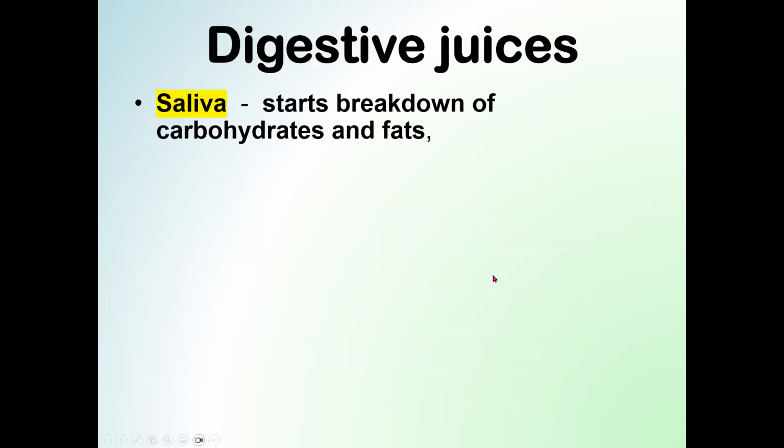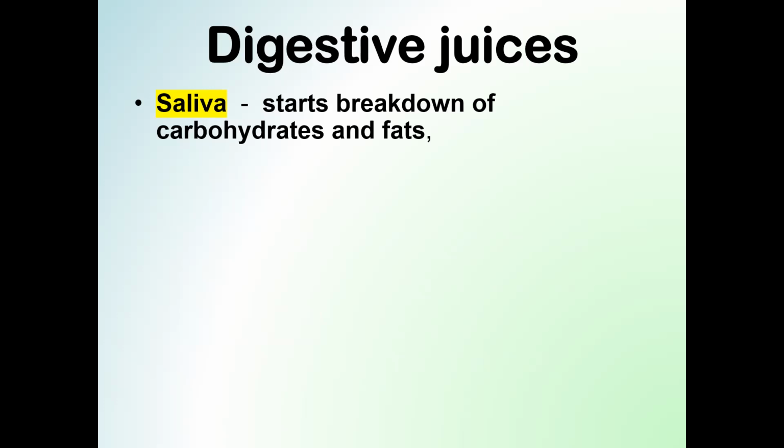So let's look at the various juices that we produce right through the system. Saliva, which we all produce, otherwise we would not be able to talk, we could not eat, because when you chew some food, the saliva mixes it in and it allows the swallowing process.